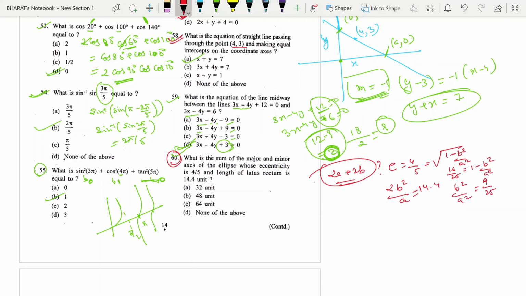Okay, now we will put the value of b square here. So 2 into b square, which is 9 by 25 into a square, divided by a, is 14.4. So a will be equal to 14.4 into 25 by 18. Now it is much easier.